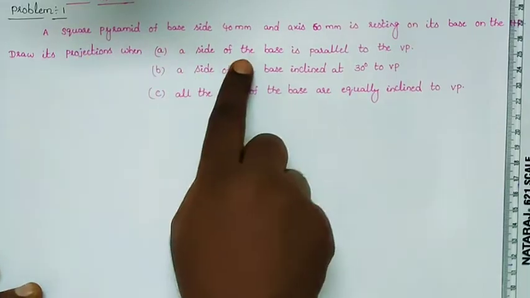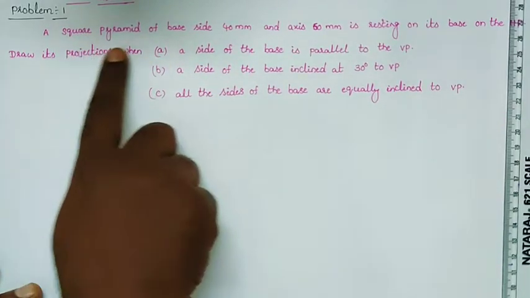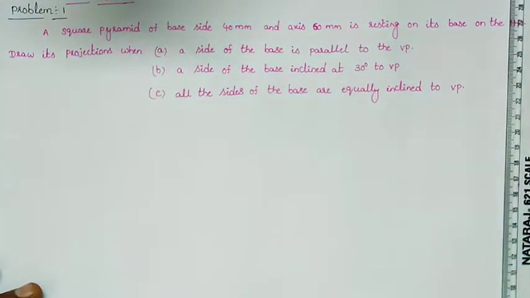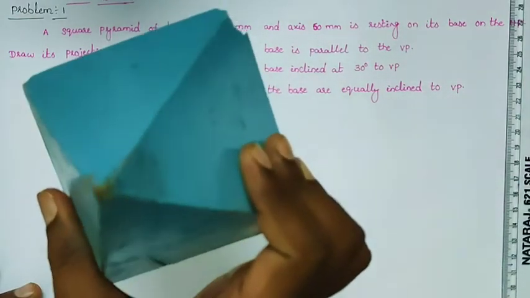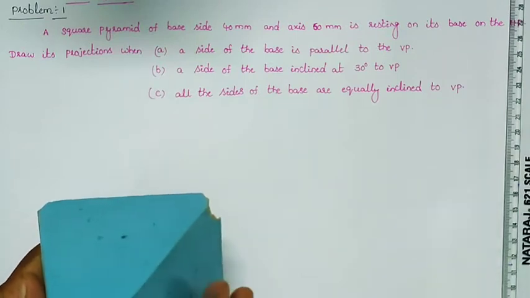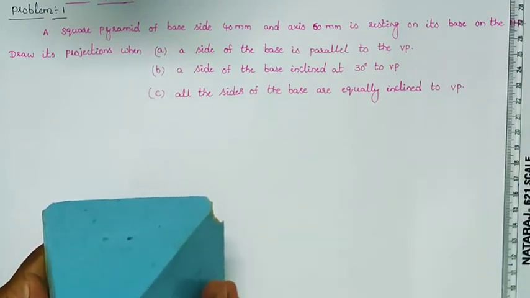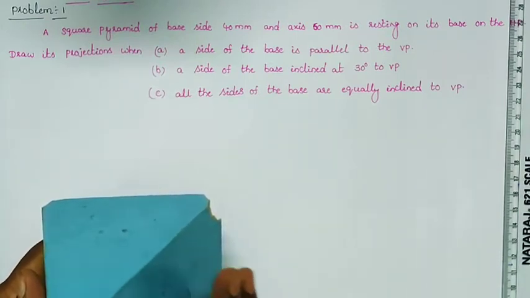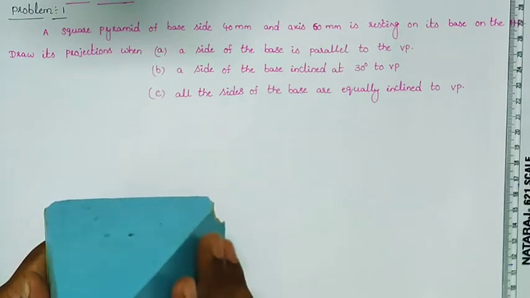Here I am giving an example, a square pyramid. The problem gives a square pyramid of base side 40 mm and axis 60 mm, resting on its base on the HP.